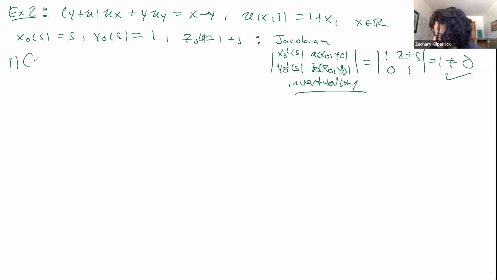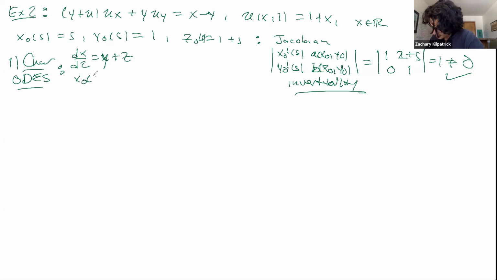The next step is to look at our characteristic ODEs. We're going to have 3 of them. dx d tau equals y plus z with our associated initial condition. dy d tau equals y, corresponding to this coefficient here. y0 of s equals 1, corresponding to the 1 in our initial condition.